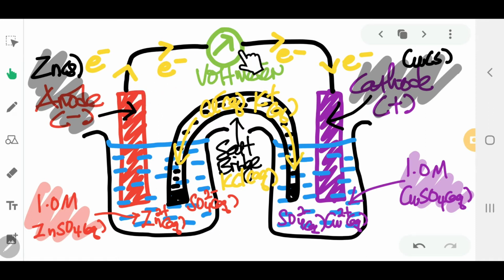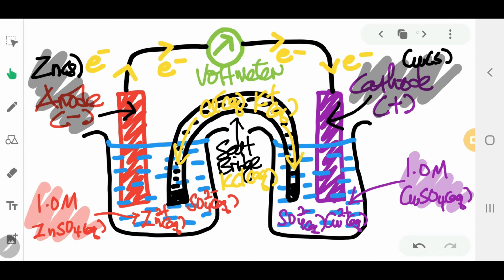On the other hand, we have the cathode half-cell consisting of copper solid and 1.0 molar copper sulfate solution electrolytes. So how are we going to write the half-cell reactions and the overall cell reaction for the given galvanic cell?